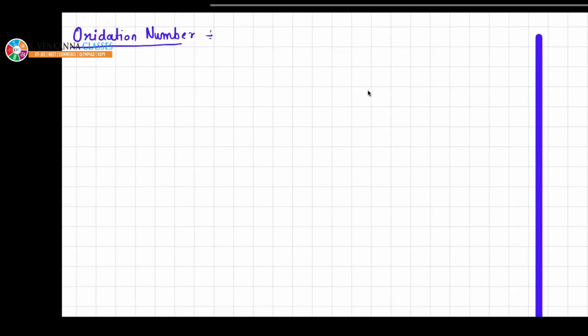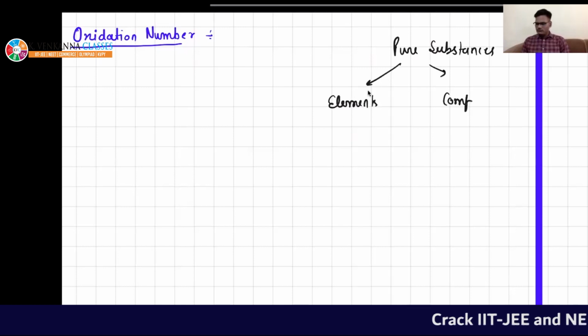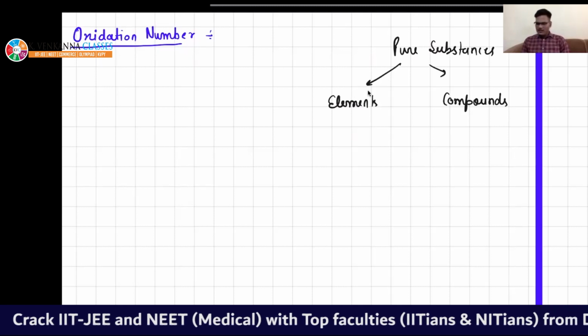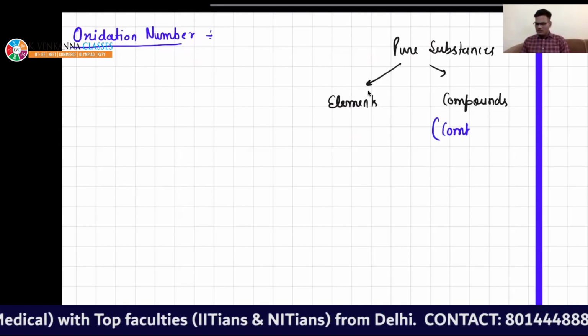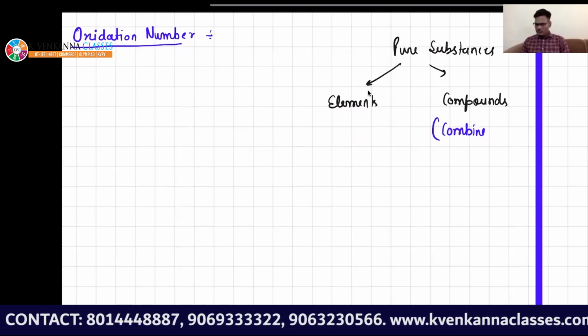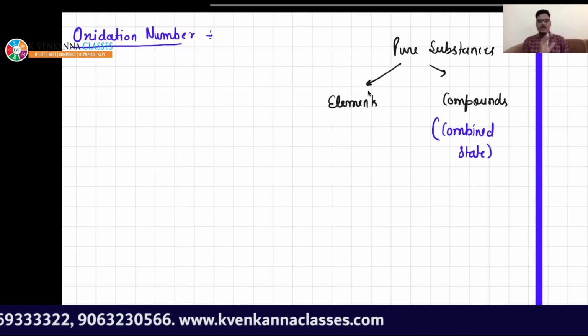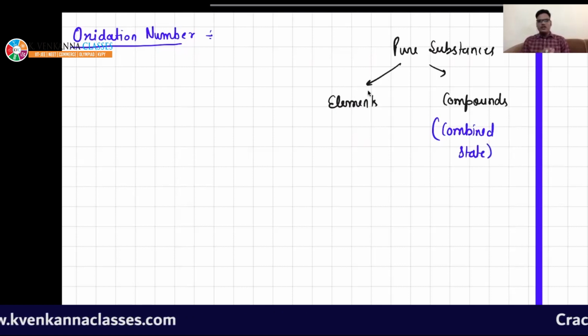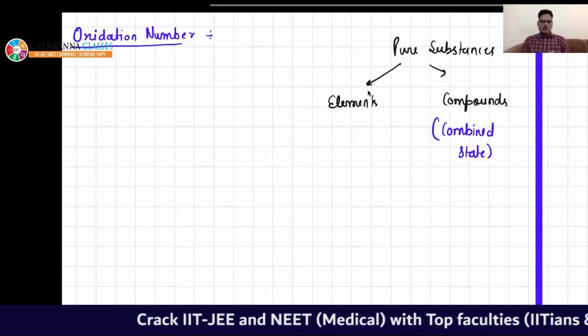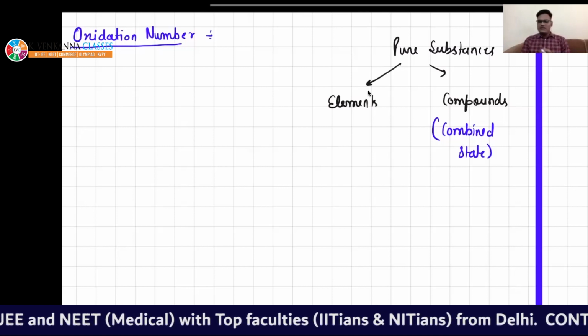If you remember, pure substance can be elements or compounds, right? So generally when I write combined state, in this case more than one element will be combining to form a new molecule, in which the original or inherent properties of the elements will not be present.